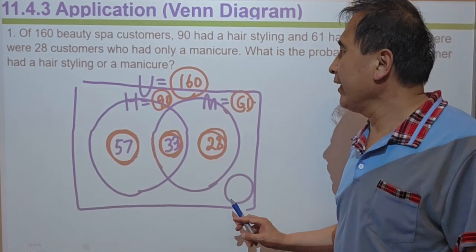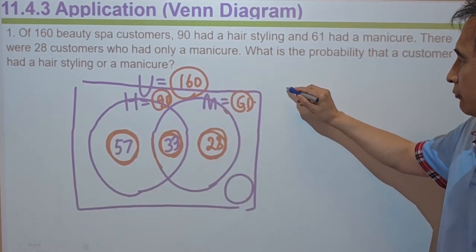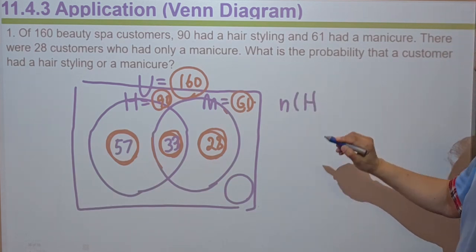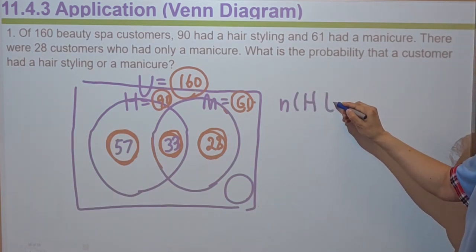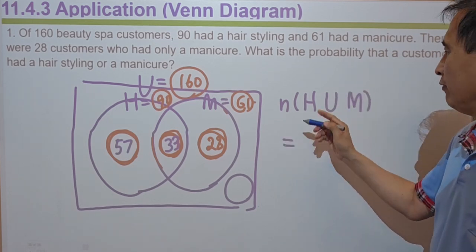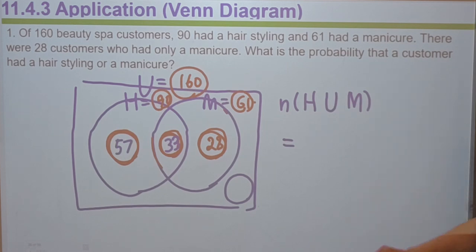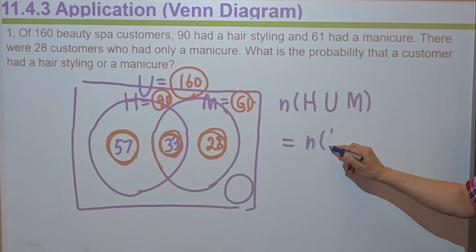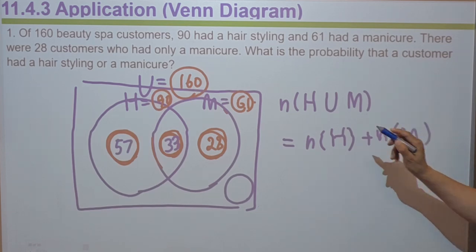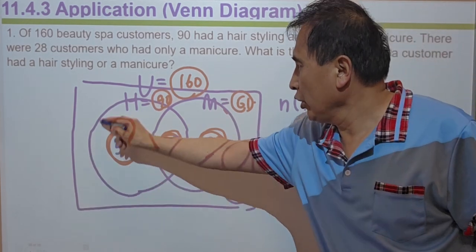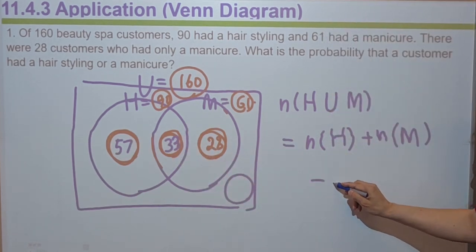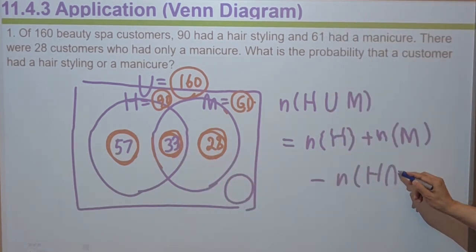But in order to find that, we need to first find the number who had hairstyle or, that is the union, manicure. We want to find the total number of hairstyle or manicure customers. This is the hairstyle number plus the manicure number, but this overlap you count twice, once here and a second time here. So you want to subtract hairstyle and manicure.